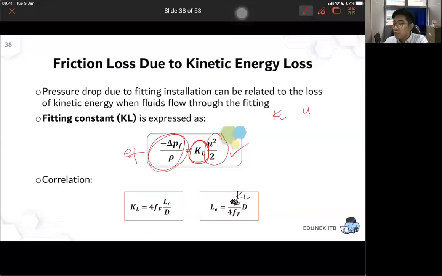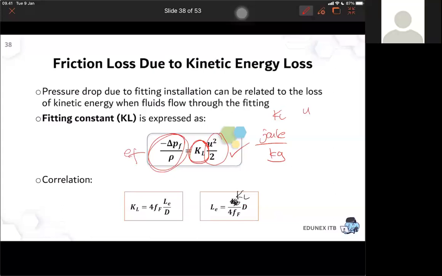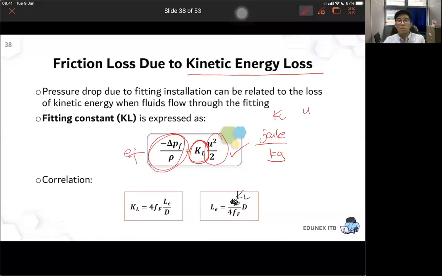In terms of specific energy, all the units will be joule over kilogram, right? So when you increase the kinetic energy, you increase the velocity, and the increase in EF will be linear. Okay, sir, I understand. That's why we call it friction loss due to kinetic energy loss, because it's linear and it will be quantified as the fitting constant.